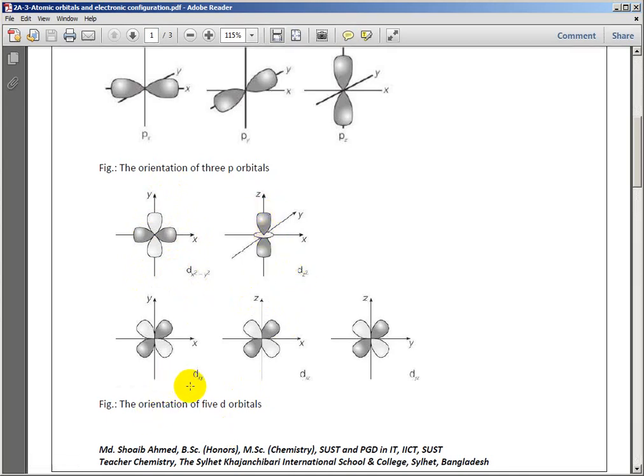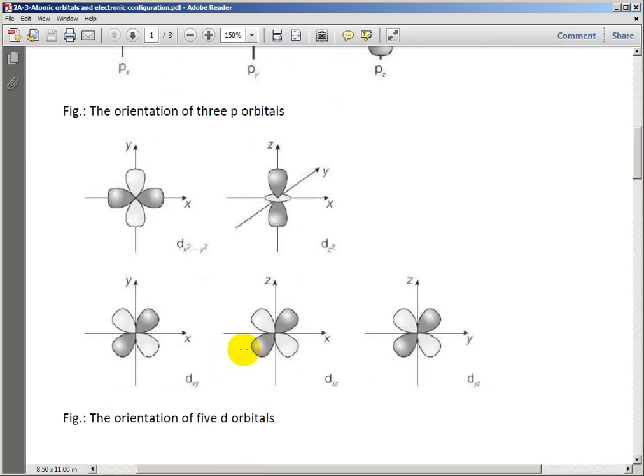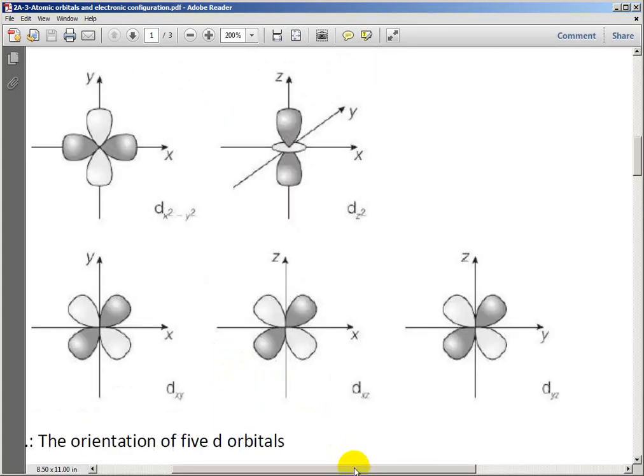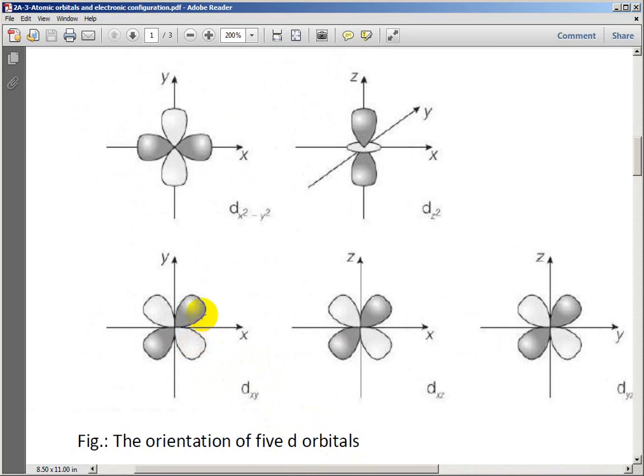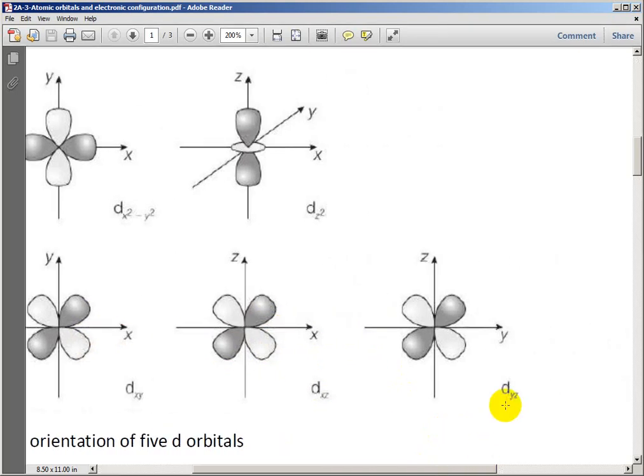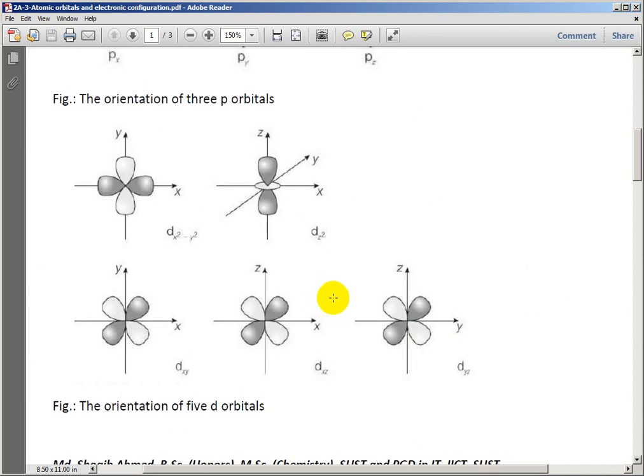Dxy has loops in between the x and y axes, not along them. Here dxz is in between x and z, and dyz is in between y and z. Have you seen this orientation of 3d orbitals?